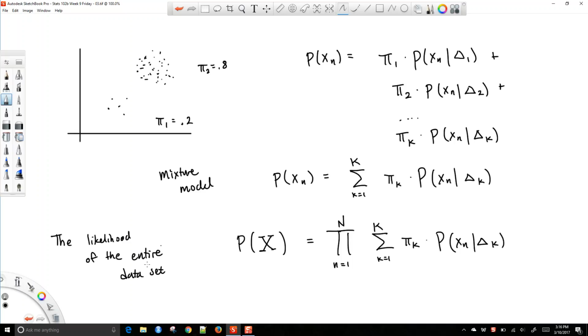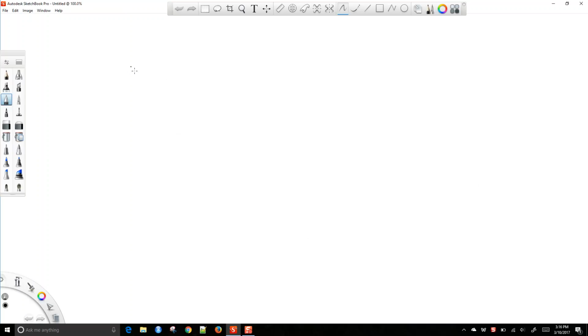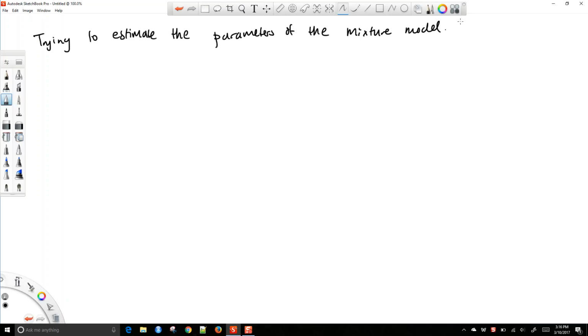So what we have to do now is try to estimate the parameters of the mixture model.